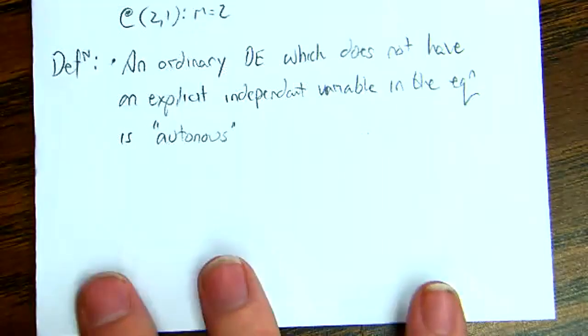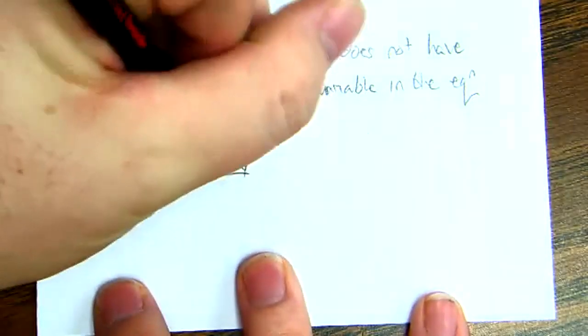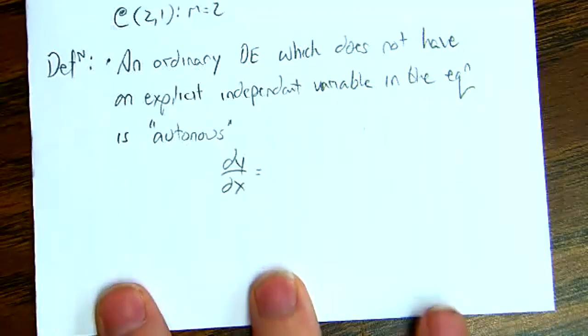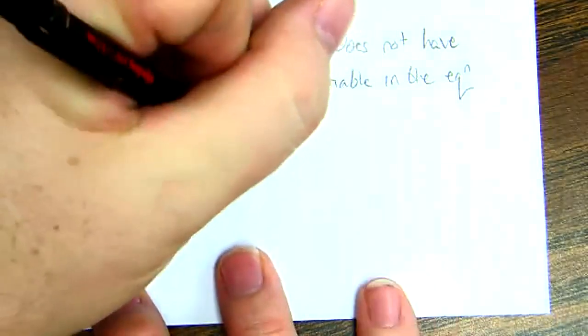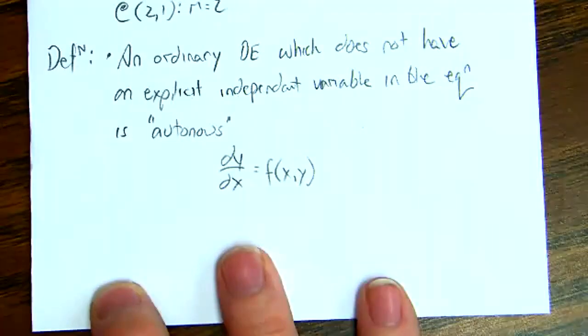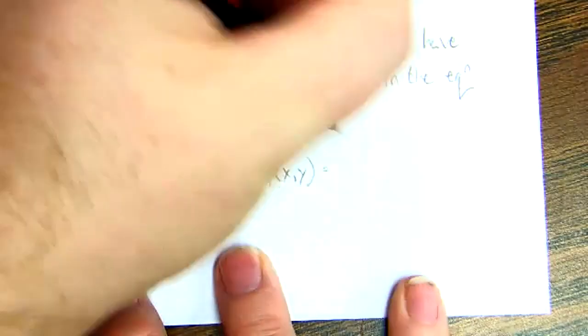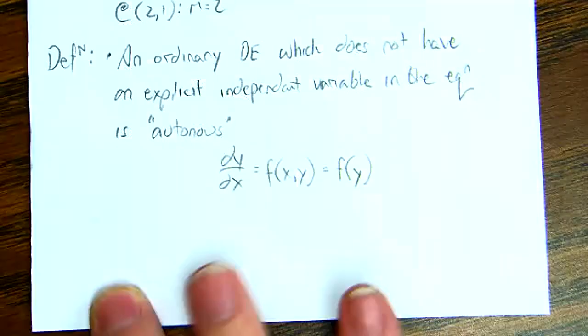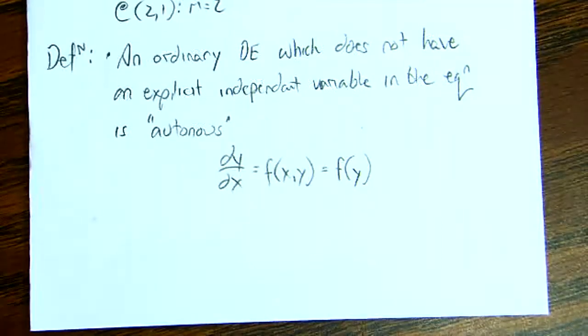And so if we write our differential equation in the way that we saw last time, where if this is first order, then dy dx is equal to f of x, y. In this case, x does not appear, so we could just simplify this to be f of y alone.